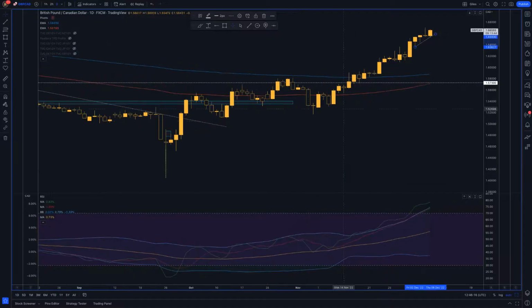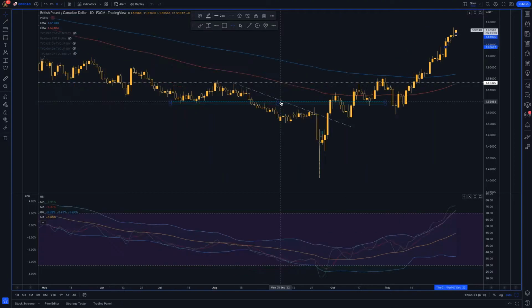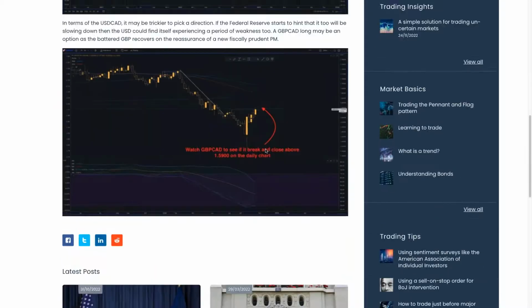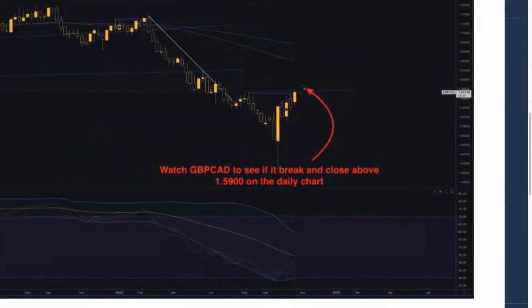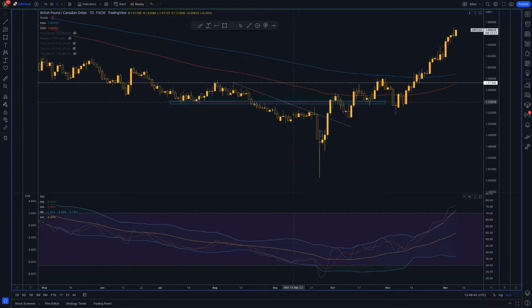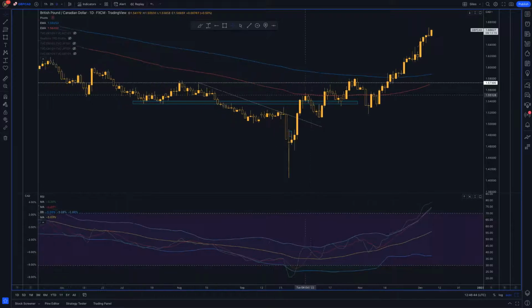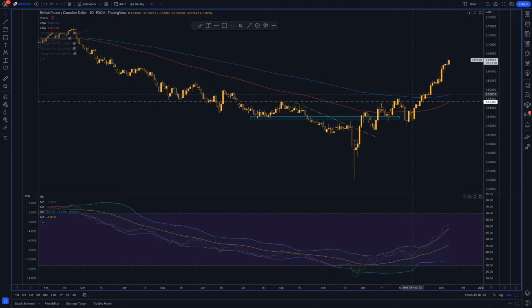So you can see the pound has continued to move higher, and if you remember at the last decision, an obvious pair to see some of that CAD weakness express itself would be for this 1.5900 area on the daily chart, and you can see that that broke out very nicely, got that 1.5900 area, and price has pushed higher through that region.